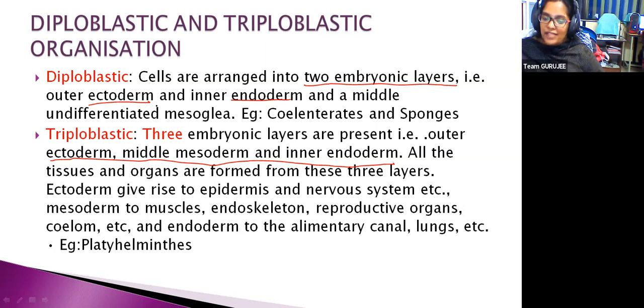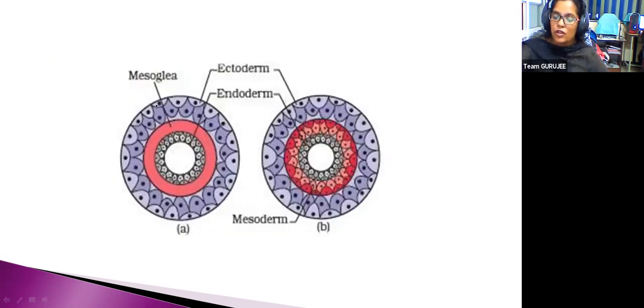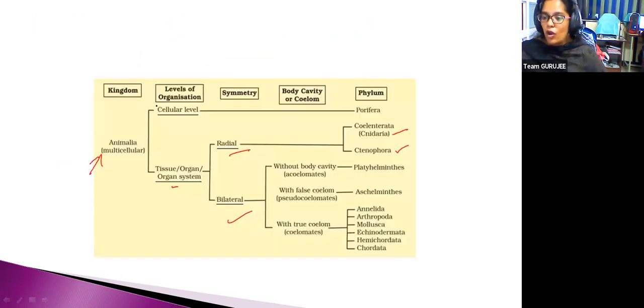Triploblastic means three embryonic layers: ectoderm, endoderm, and mesoderm, seen in Platyhelminthes. These are the pictures of both embryonic structures, diploblastic and triploblastic. So this is the overall classification.